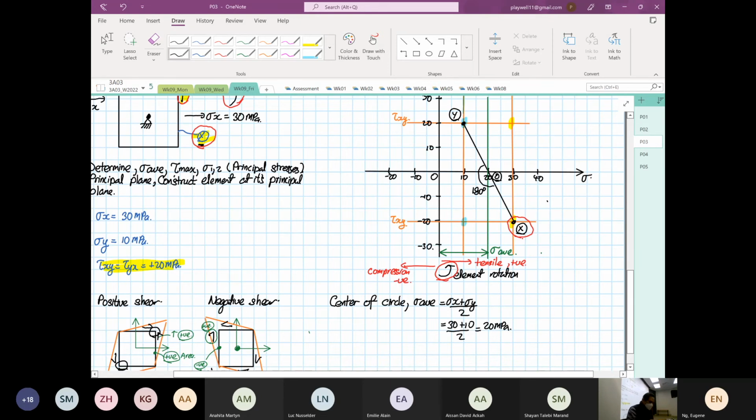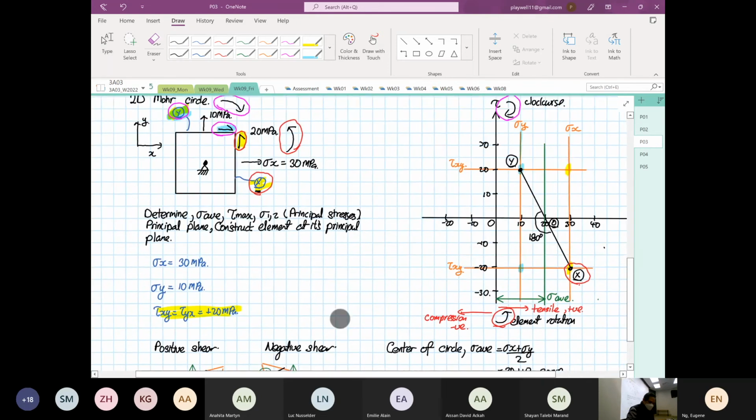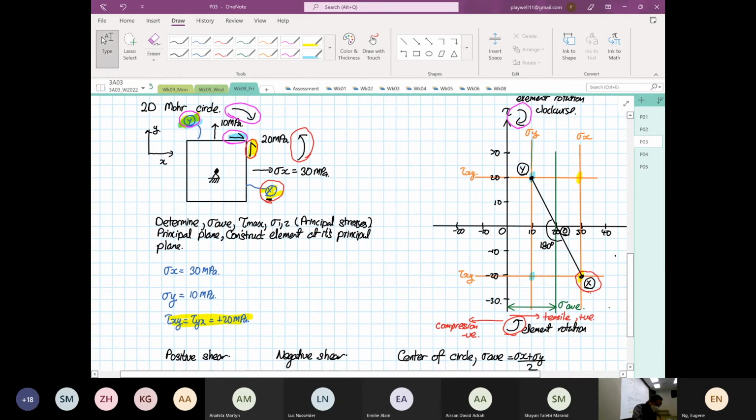On the element, from X to Y, what is this angle over here? 90 degrees. I repeat again: on the Mohr circle, the point X and point Y is 180 degrees apart. On the element, it is 90 degrees.